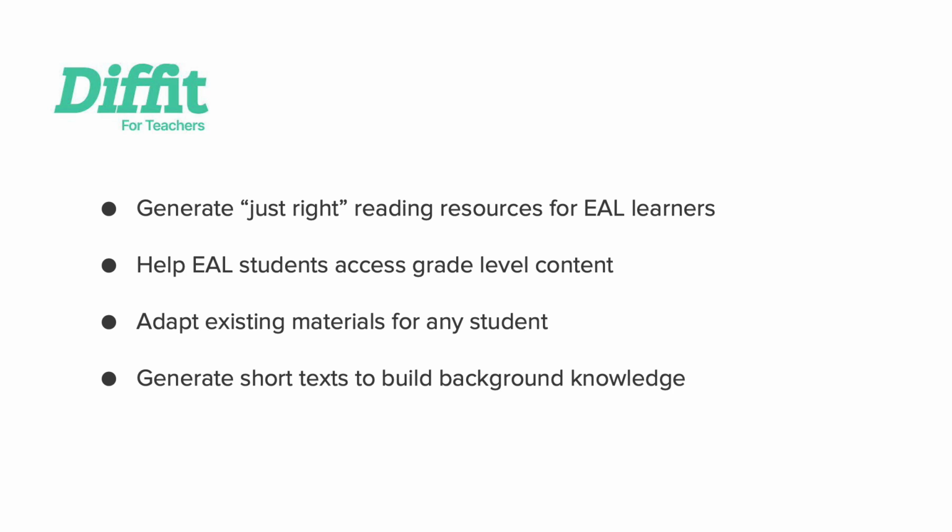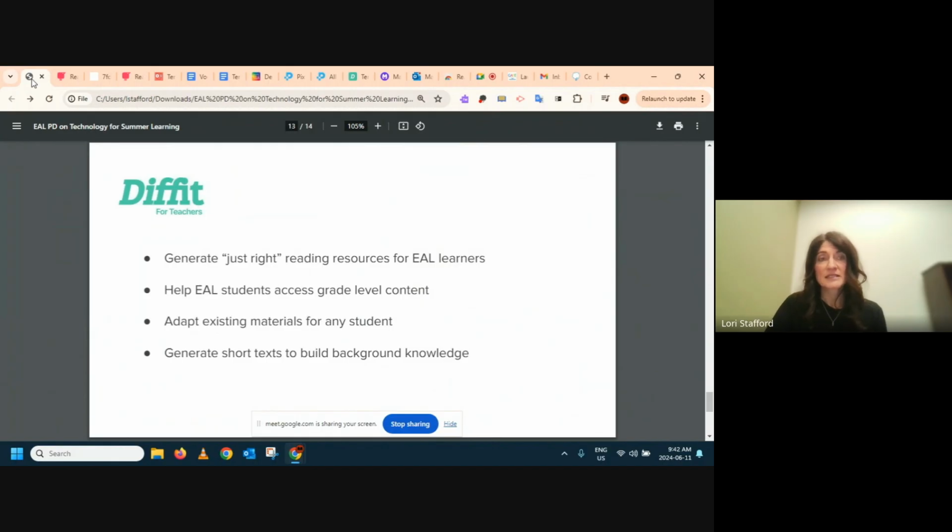So the last two pieces of technology that I'd like to share are AI. So if you haven't started exploring AI, there are a lot of great tools out there with artificial intelligence that will help you differentiate quite quickly. So it's really exciting.